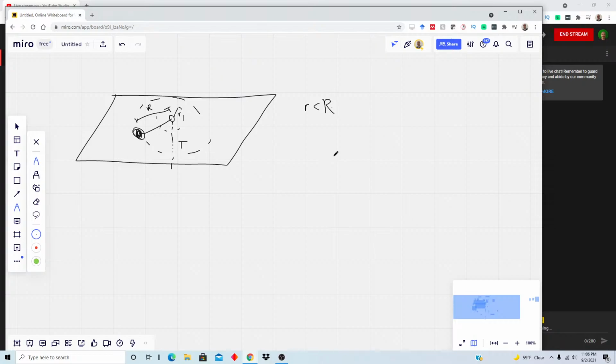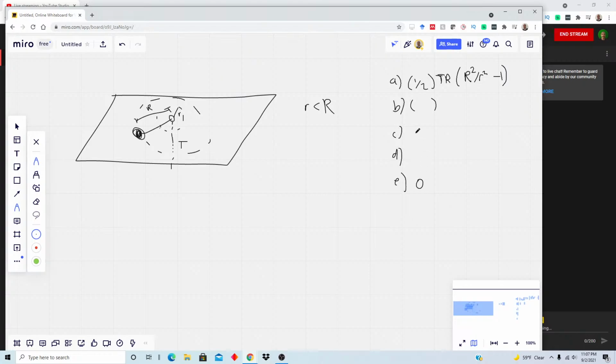Okay, and so here are a few different options we have. We have A, 1/2 T R, and remember, T is the initial tension, R is the initial radius, big R over little r squared minus 1. B, C, D, and E. E is 0.